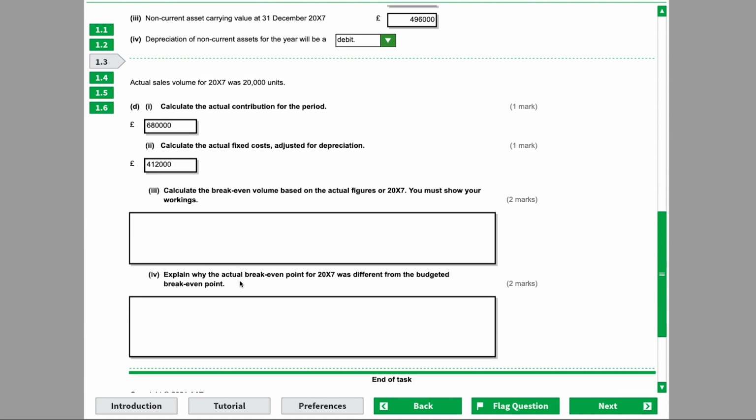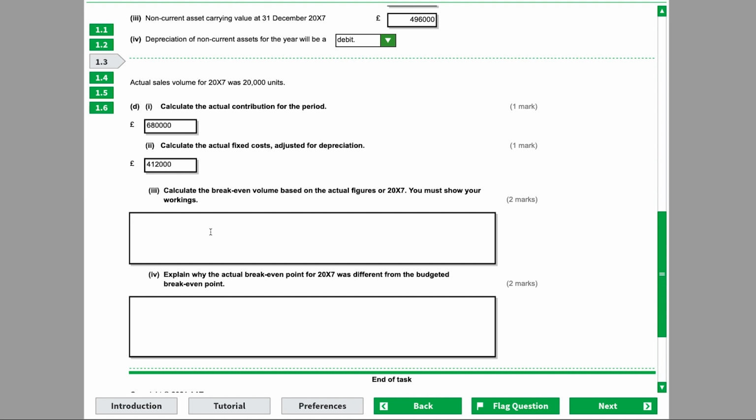The next part then is part III, which says calculate the break-even volume based on the actual figures for 2017. You must show your workings. Right then, so let's just remind ourselves that break-even volume is calculated as fixed costs divided by the contribution per unit.